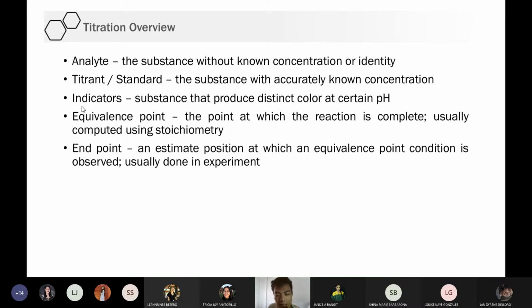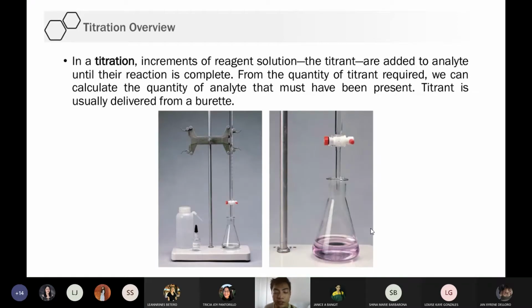Next one, we have indicators. So when you say indicators, we are referring to molecules, no, that produces color at different pH values. Okay? So yung pinakita ko kanina, this is the phenolphthalein indicator. So this is an organic molecule which turns purple kapag nasa basic solution. Okay? So that means kapag ang iyong reaction ay complete, magiging pink yan.